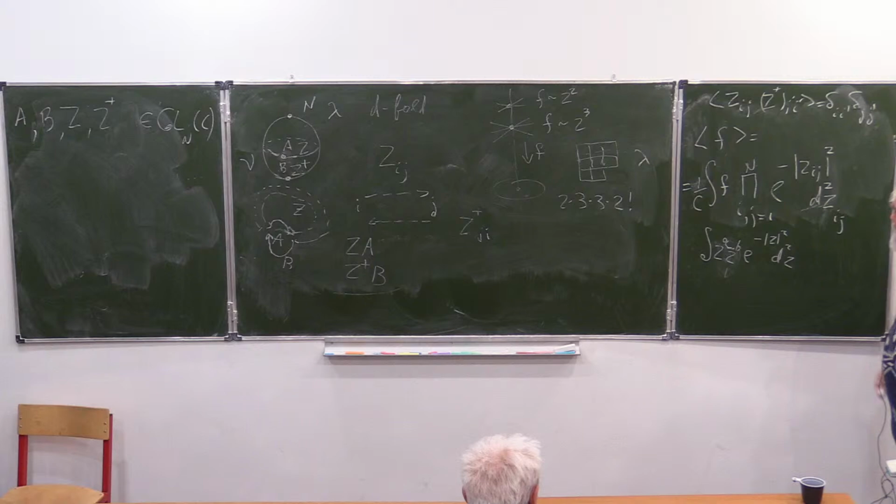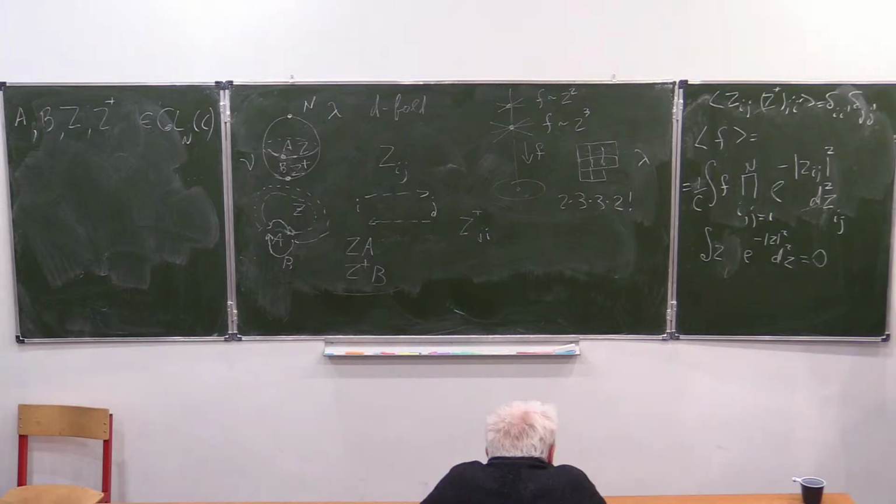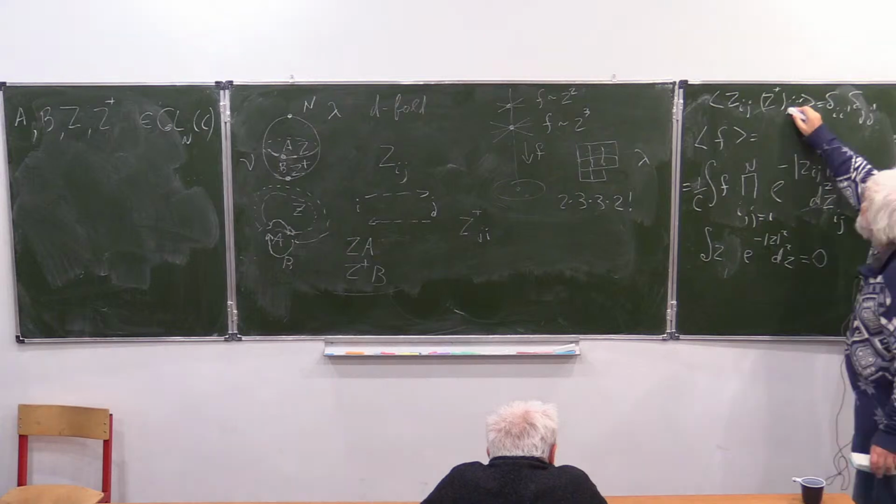If there is a difference either between i and i prime or j and j prime, we have this, and this is a direct analogy with the action of the derivative. It's proportional to this, and for this very normalization, it is like this.